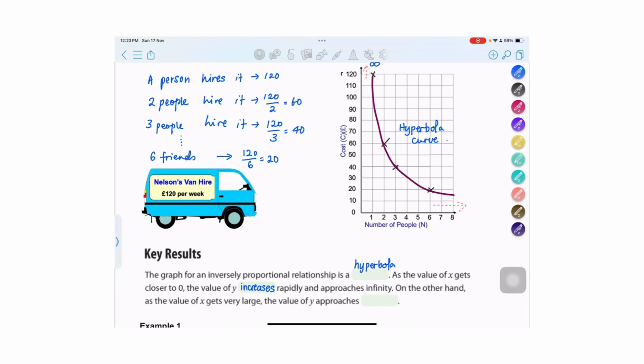What happens to your y? Your y will approach zero, so this side will approach the axis. This is the overall concept about the hyperbola graph for inverse proportion.